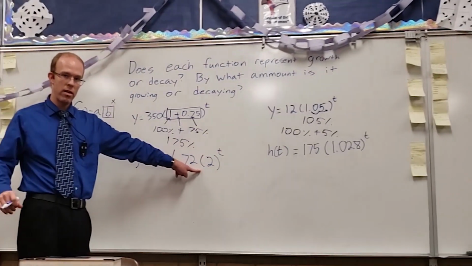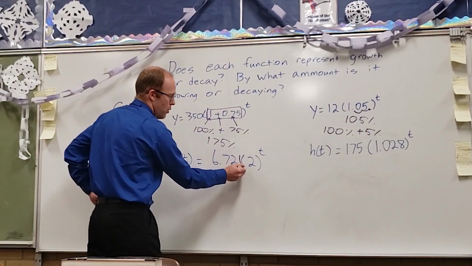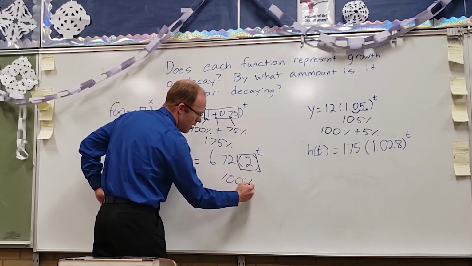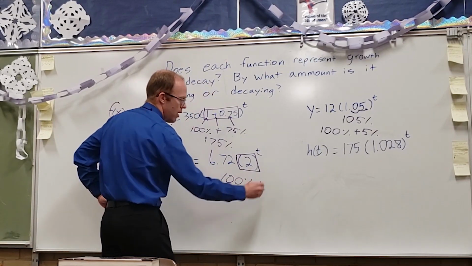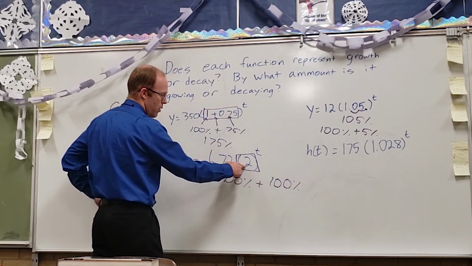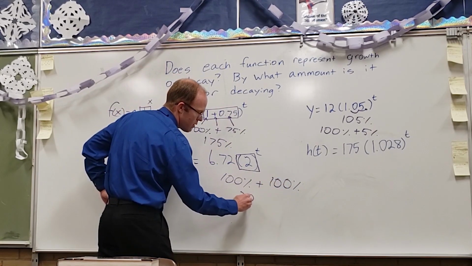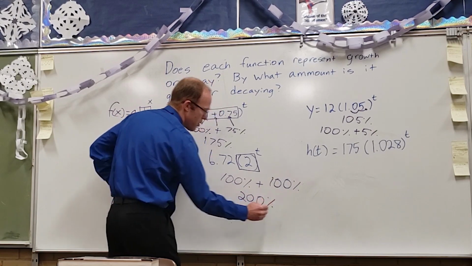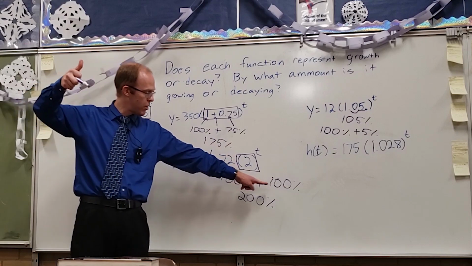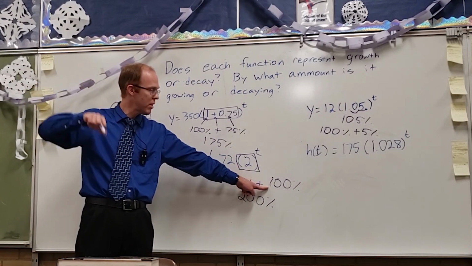This question right here has a multiple of 2. That would be 100% plus an additional 100% to get us to the 2, which represents 200%. So this question again is growth by a total of 100%.